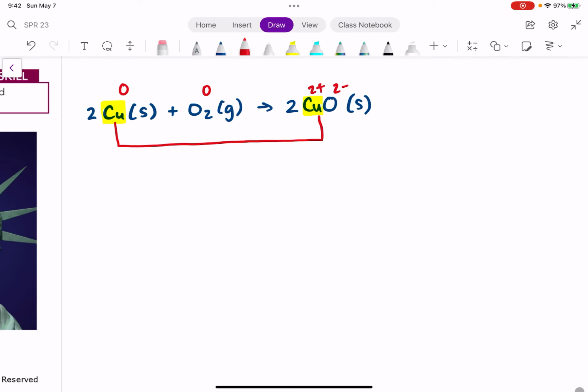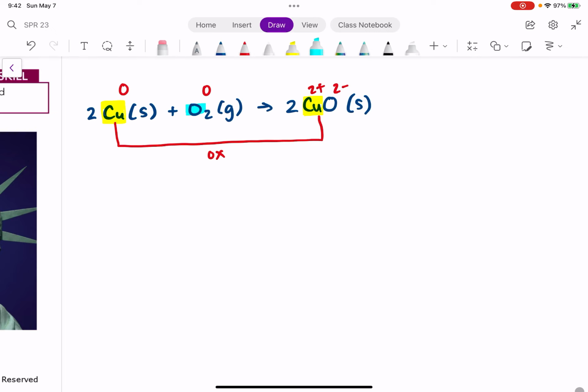And now it has a 2 plus charge. So was it oxidized or reduced? Yeah, it's oxidized. It's going from a 0 charge to a positive charge. So it must have lost electrons. It must have lost some of those negative charges. Kind of weird, right?